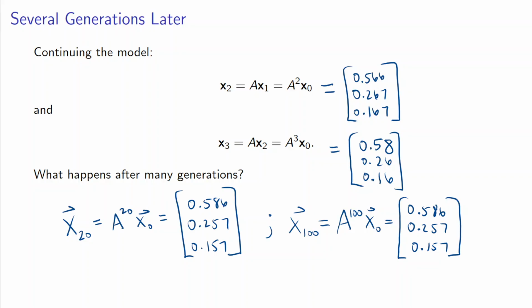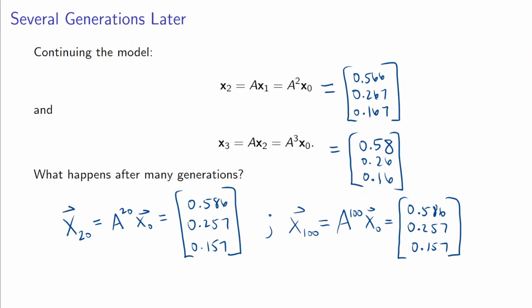So we are seemingly honing in on some particular distribution of the percentage of our population that is getting certain education levels.